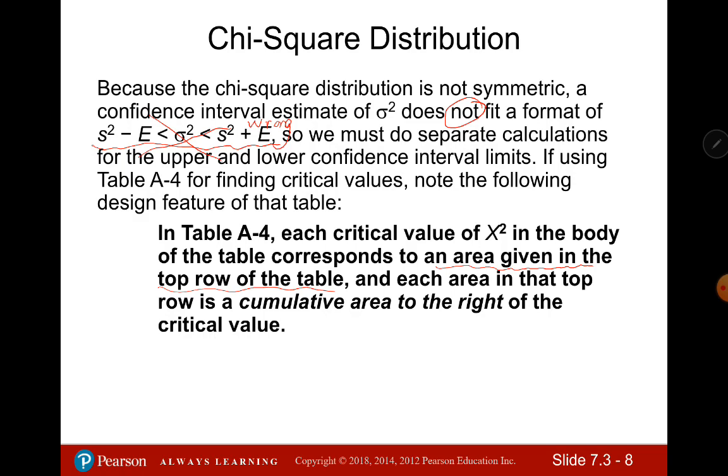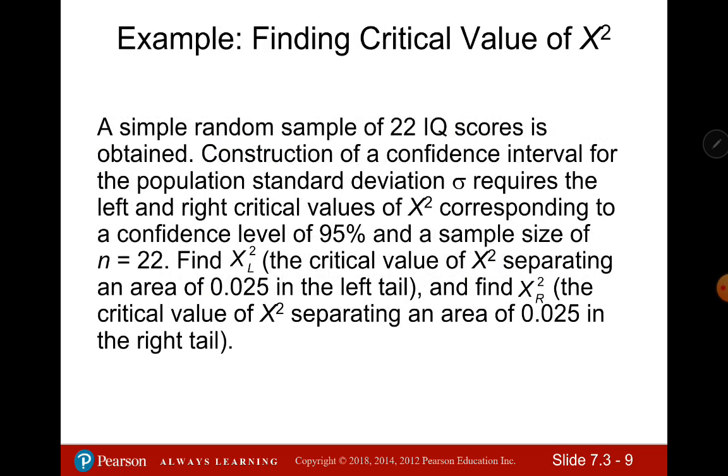In the chi-square table, we also have the area on the top row, and each area is the cumulative area to the right. Remember our z table is the cumulative area to the left, but for the chi-square table, it's the cumulative area to the right. So let's check an example to help you understand how to find the critical value in the chi-square table.